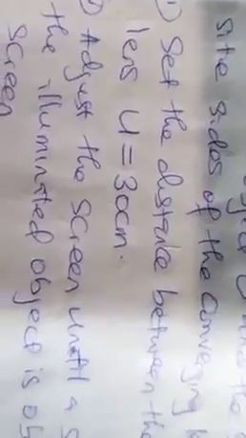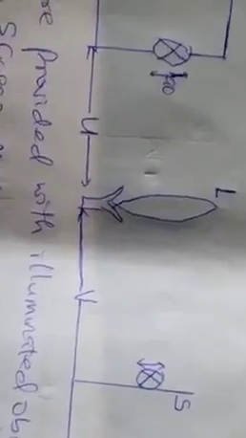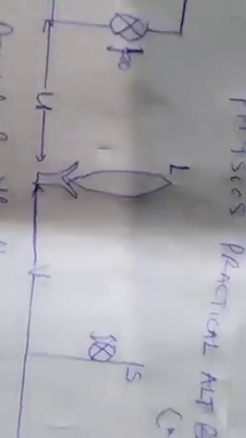Then number 4, adjust the screen until a sharp image of the illuminated object is obtained on the screen. So we're going to adjust the screen. In the real experiment, you shift the screen forward and backward until a sharp image of this cross wire is formed on the screen.